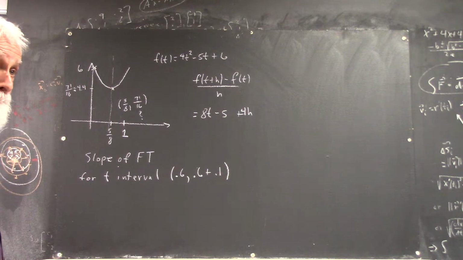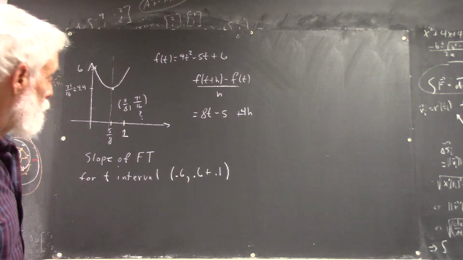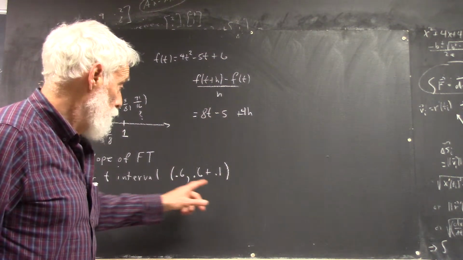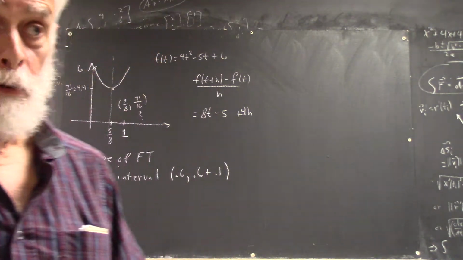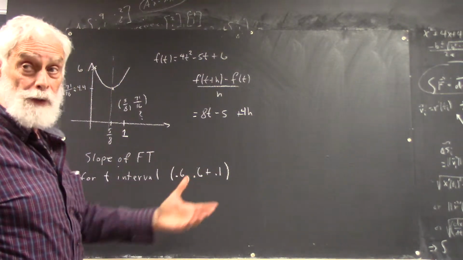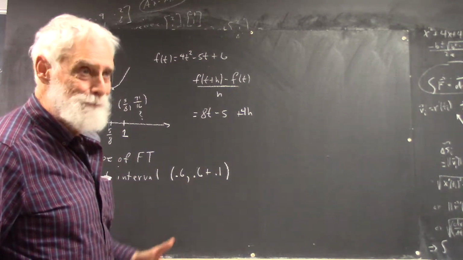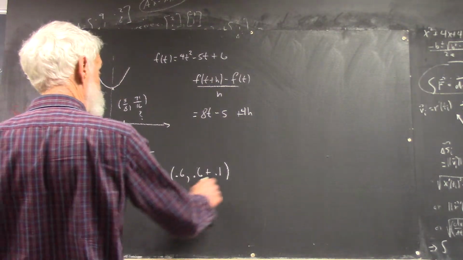Okay? So, what do you have to do to get the slope of the fundamental triangle for 0.6 plus 0.1? Now, why didn't I just write 0.6, 0.7? There's a reason. Okay? But that is equal.